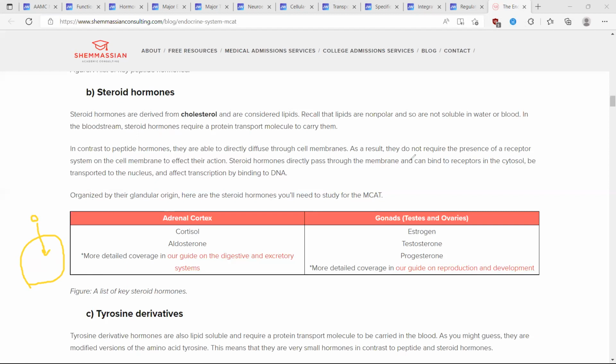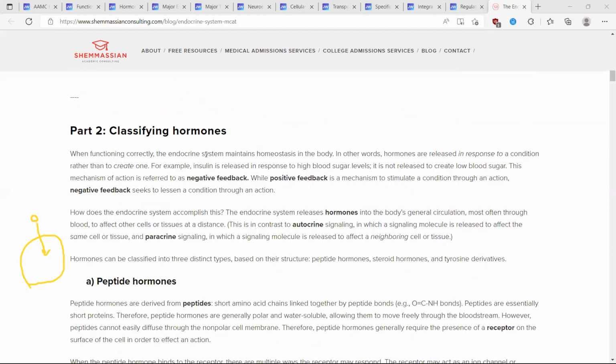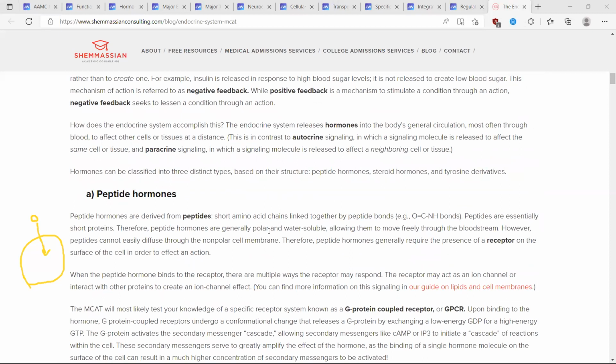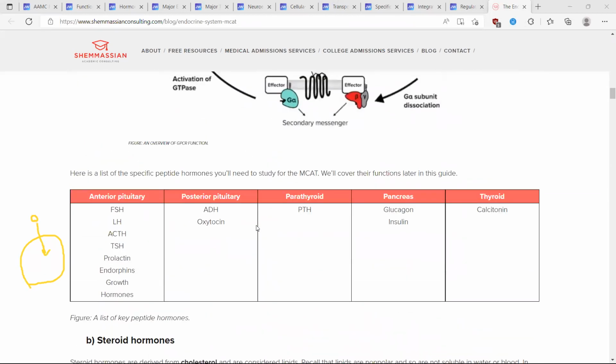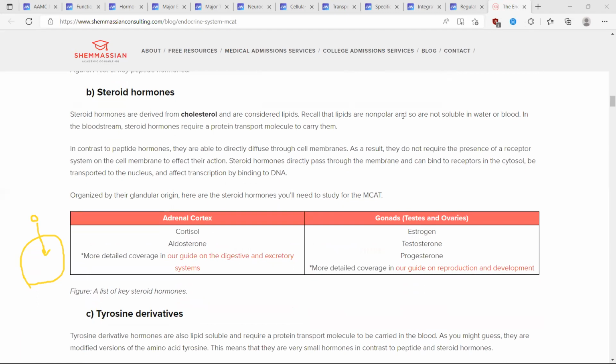Into the cell. This is a very direct contrast to our peptide hormones. Our peptide hormones are polar and stay out of the cell. Our steroid hormones are nonpolar, so they can directly diffuse through the cell membrane. They have no problem going through this nonpolar membrane because they themselves are nonpolar.